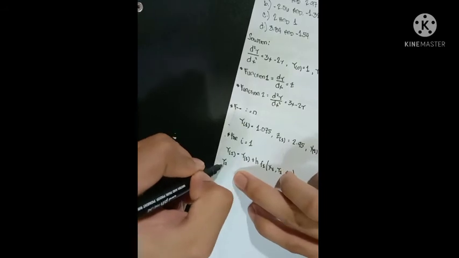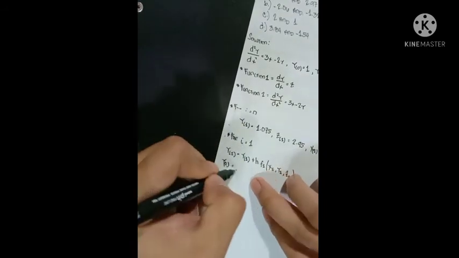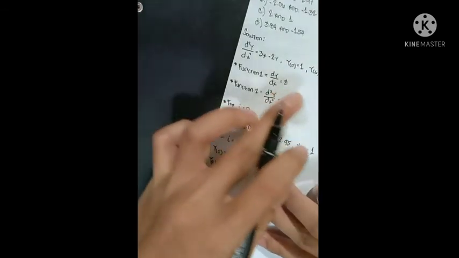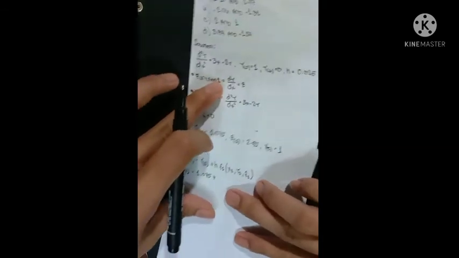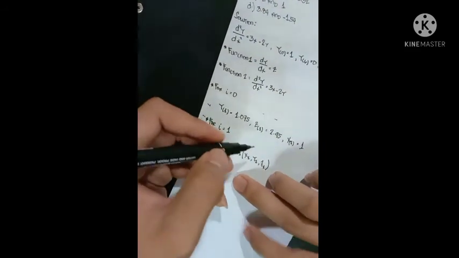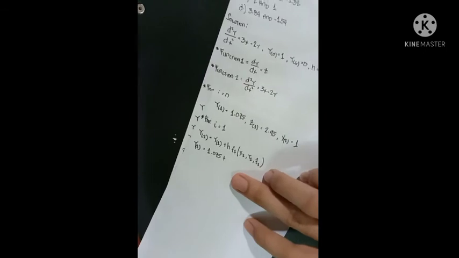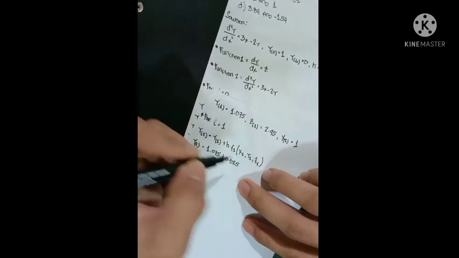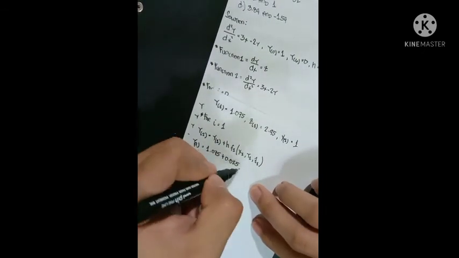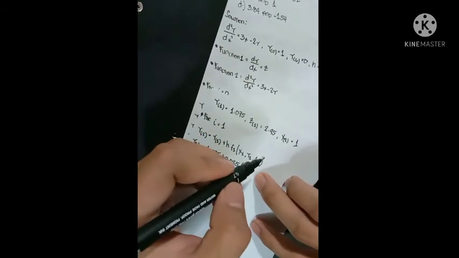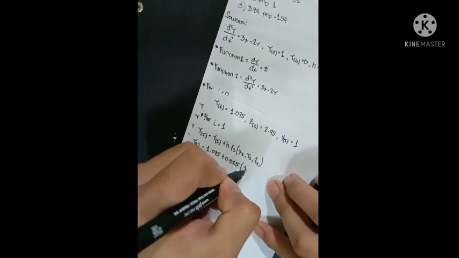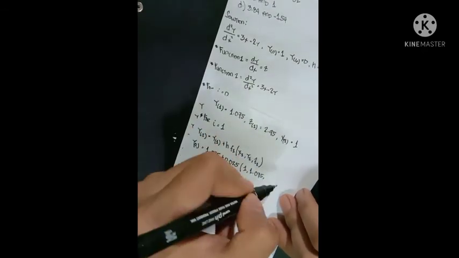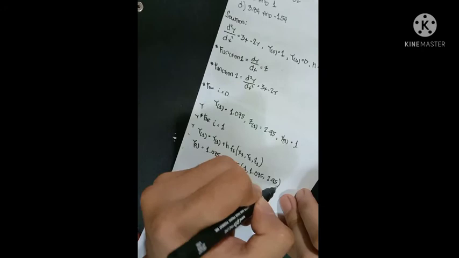So for y2, we have y1, 1.075, plus the step size of 0.025 times function 1 with x1 equal to 1, y1 equal to 1.075, and z1 equal to 2.95.